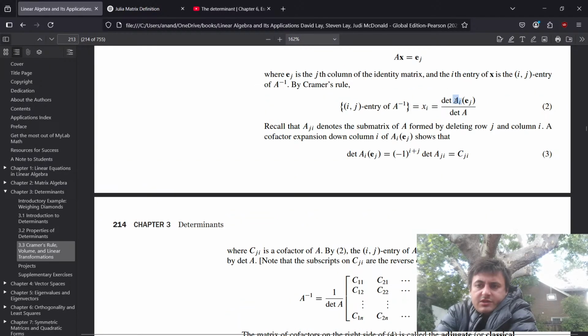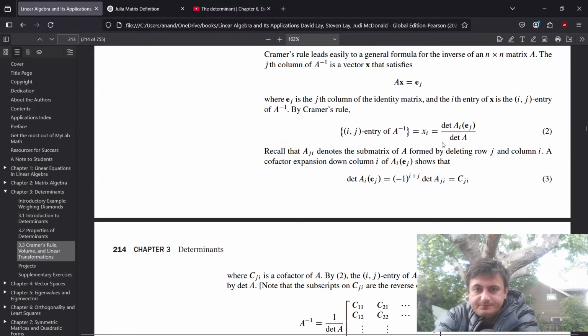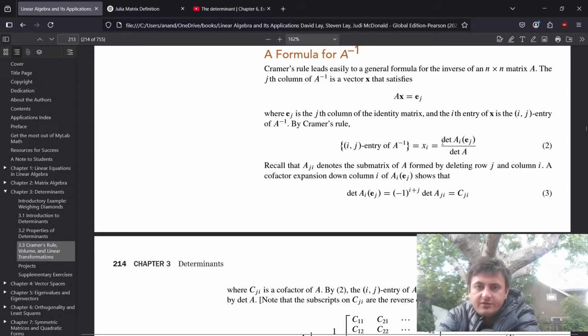What does this mean again? This means replacing. Dude, this section is psychotic. It's like, why don't we devise the most inefficient way to compute A inverse?